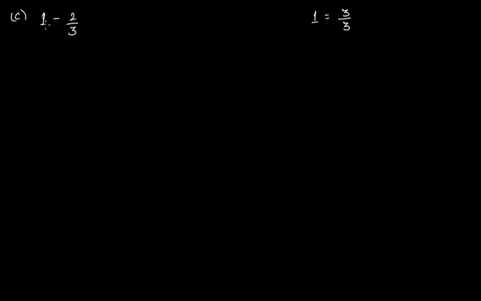So I can write it as 3 divided by 3 minus 2 divided by 3. Now these two are like fractions. So the first step is to write the denominator, and the denominator will be 3. The second step is to subtract the numerators.